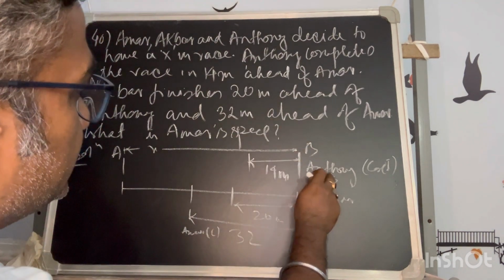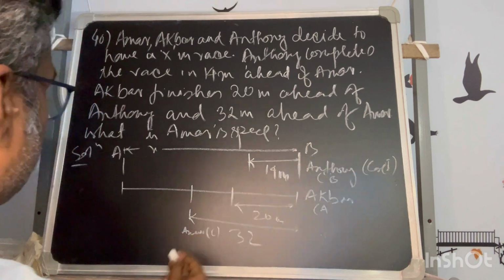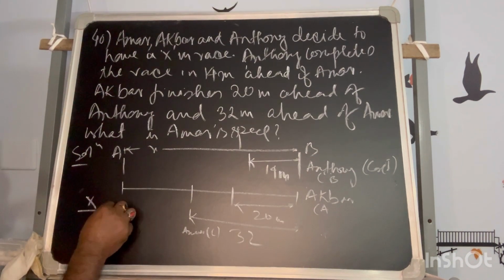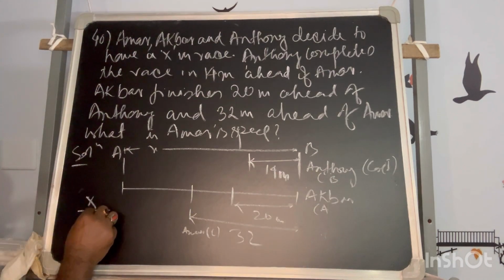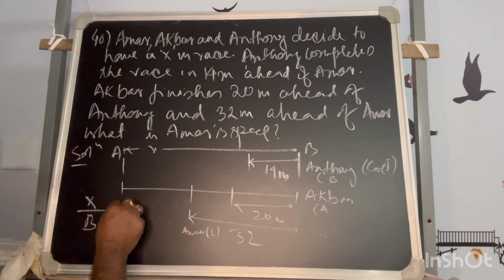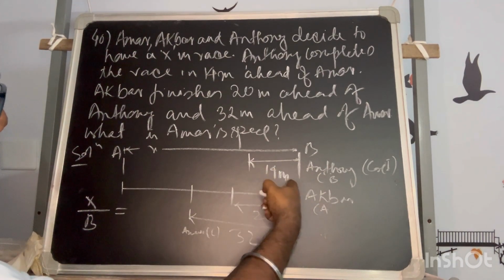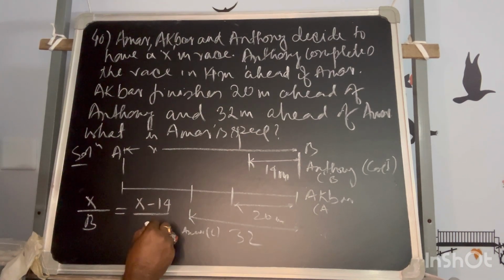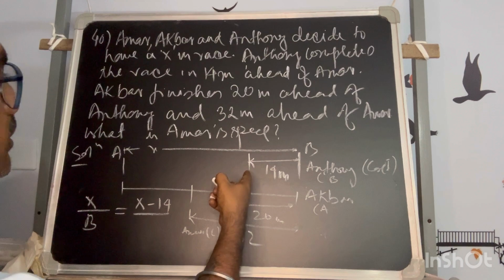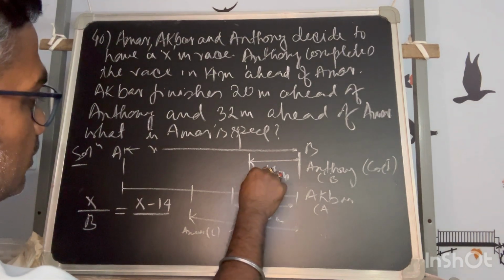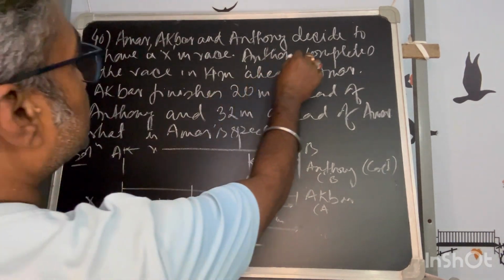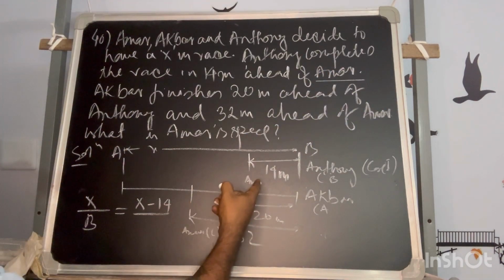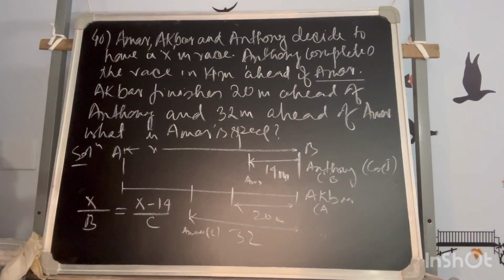So first case, when Anthony is at the finish line, an X distance has been covered with the speed of B. In that same time, Amar is covering less, X minus 14, with the speed we have taken as C. So this is one equation.